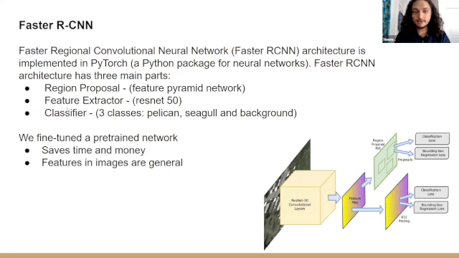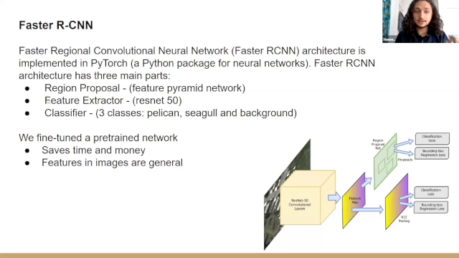The next part we have is the feature extractor. What the feature extractor does is that it detects different features from images, like edges and contrast, those kinds of features, and then it passes them to the region proposal network. For this one, we used a pre-trained model as well, and we based it on a ResNet 50 backbone.